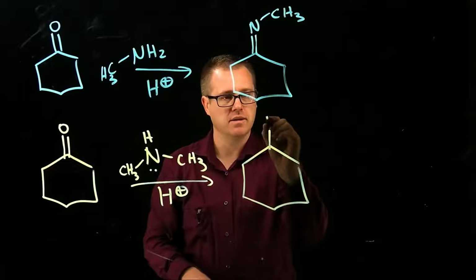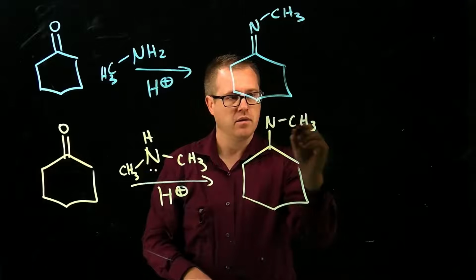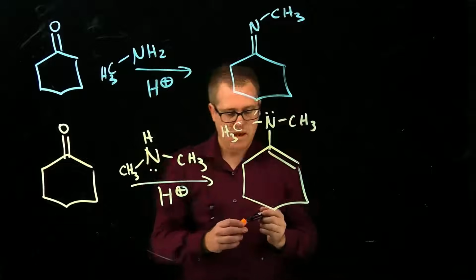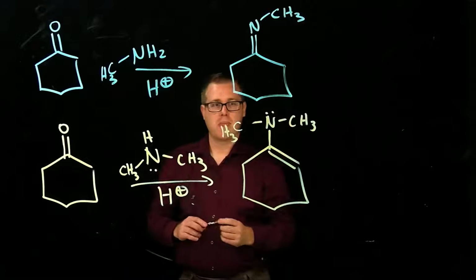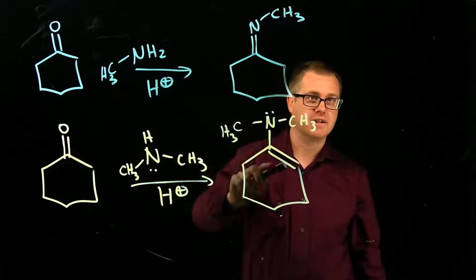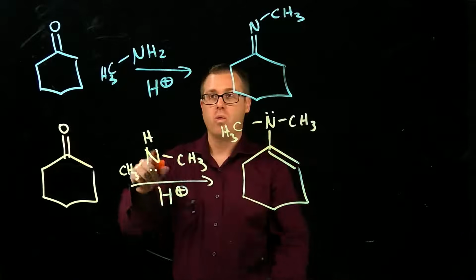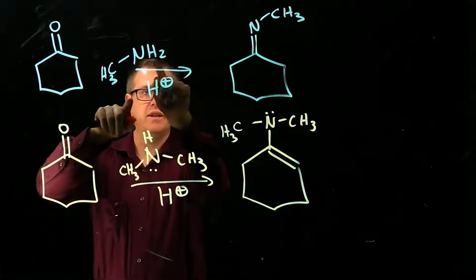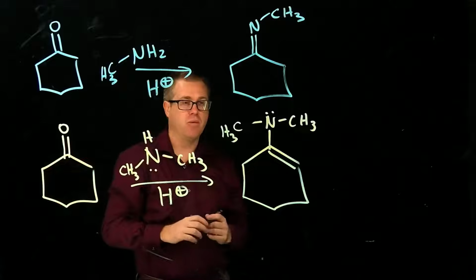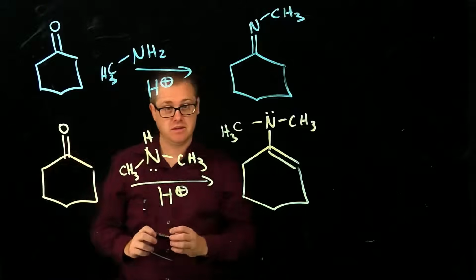It's going to be this. And I want you guys to do the mechanism for both of these products and see why these hydrogens right here, these two and this one, come into play and why they are so important.